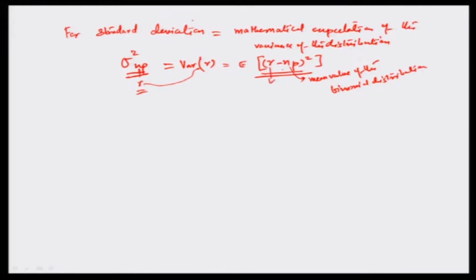This r can vary, it can be more than the mean or less than the mean. r equal to np is really one value of the particular distribution in question. So the expectation, the average of (r minus np) squared, I am sorry, is the variance of r. So, mean of the squares.